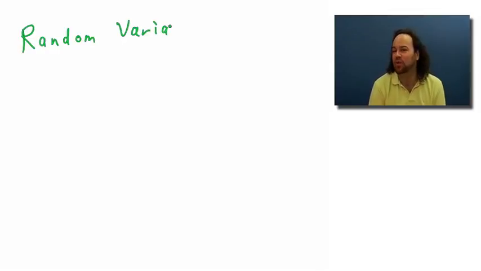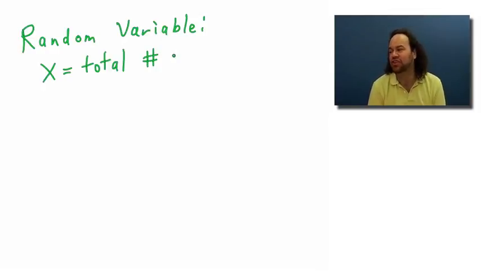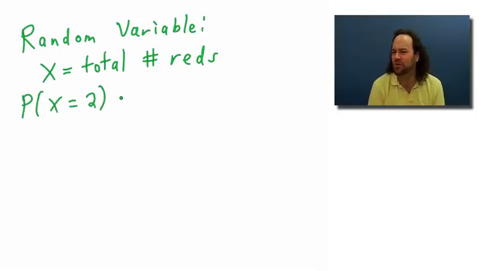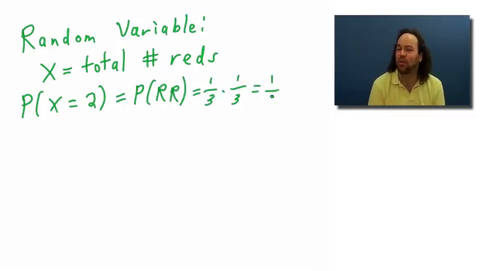We can also compute other facts. For example, suppose we were to let x be the total number of reds that we get in the 2 flips of the bottle cap. Well, then we can say, for example, the probability that x equals 2 is equal to the probability of getting red, red, which is 1/3 times 1/3, or 1/9.